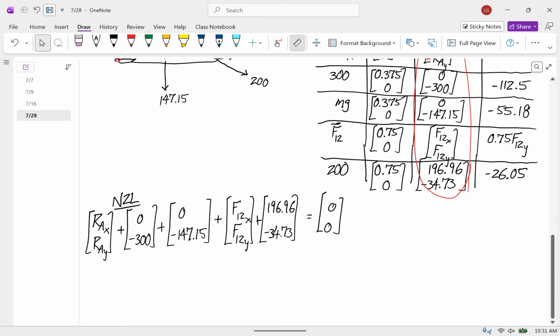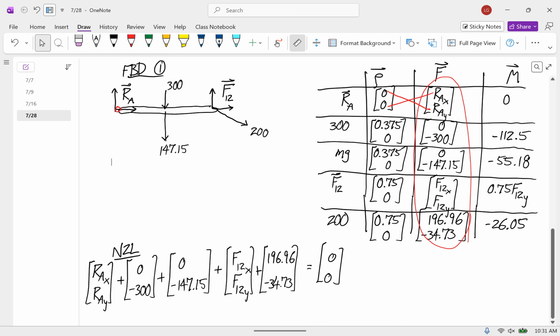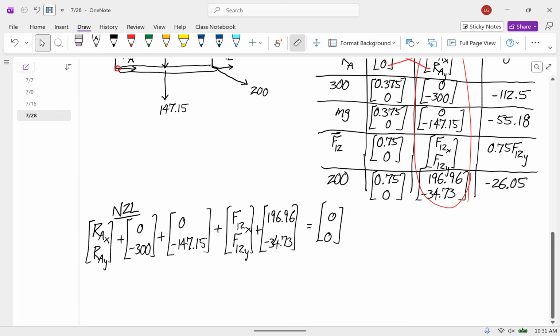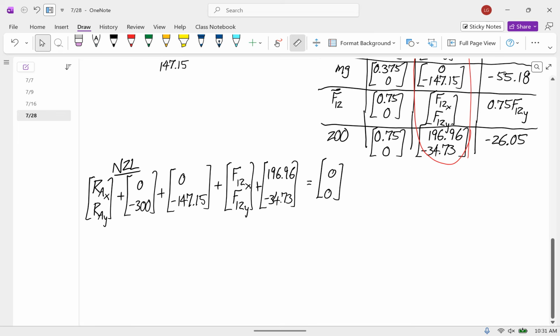Somebody asked me on the exam if I require that you write it out in this Newton's second law form. I don't require that. If you can put this into an equation form you like better from the table, right from the start, that's fine. When I'm doing these problems myself, I don't usually write this out. I just jump right to the first equation: RAX plus F12X is equal to negative 196.96.